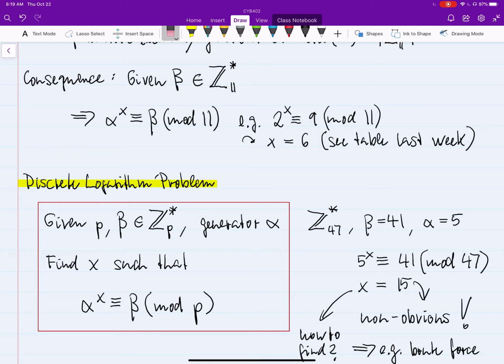So we map from 10 elements here in this case being x to 10 elements being beta in this example. But more generally, we can choose from p-1 elements and put the generator to the power of such elements to generate all of the p-1 elements in the cyclic group.